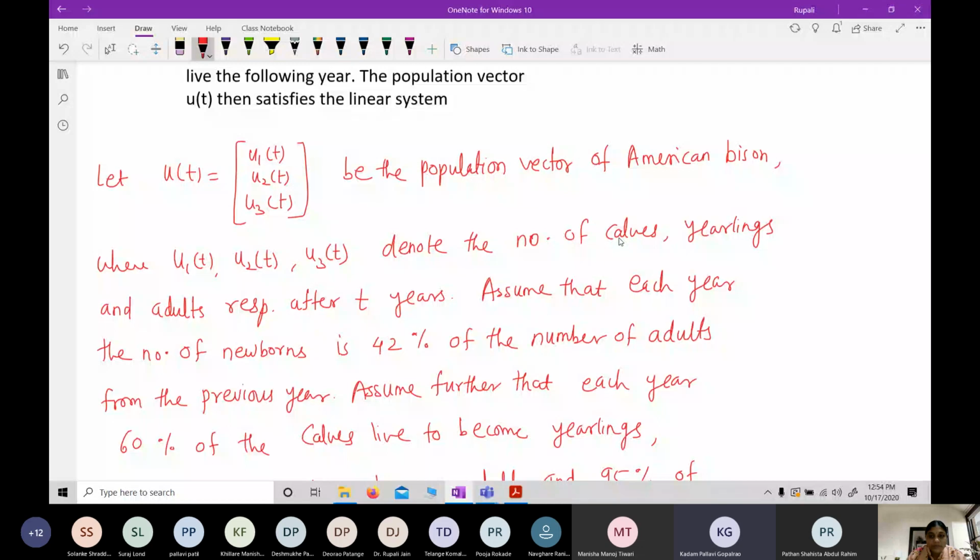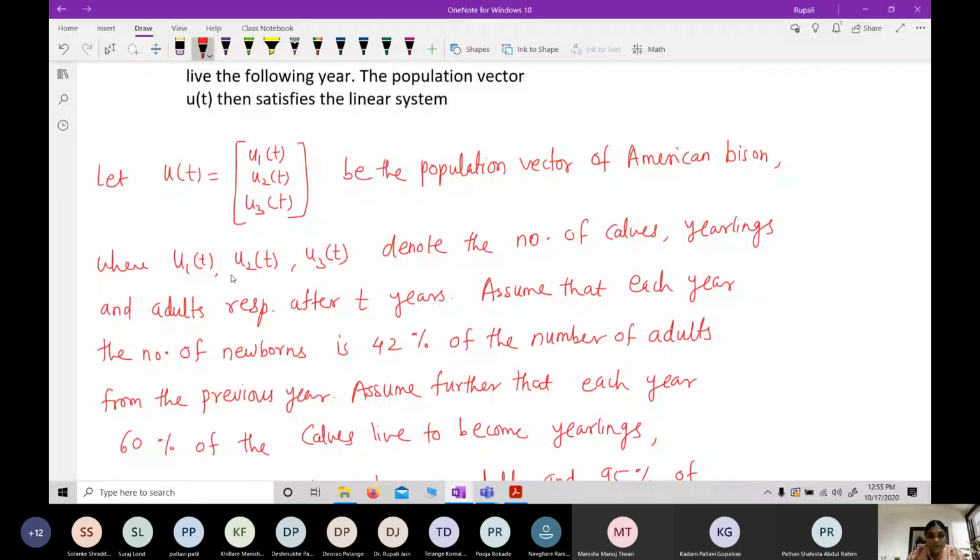Yes, ma'am. इयरलिंग्स म्हणजे 1 ते 2 वर्षामधलं ते, म्हणजे वासरूपेक्षा थोडं मोठं, आणि अडल्ट म्हणजे त्याच्यापेक्षा मोठे. म्हणजे त्यांनी त्या पॉप्युलेशन 3 वेक्टर्स मध्ये डिवाइड केलेली आहे, u1t, u2t and u3t. आणि what they are saying, they denote the number of calves, yearlings and adults after t years.